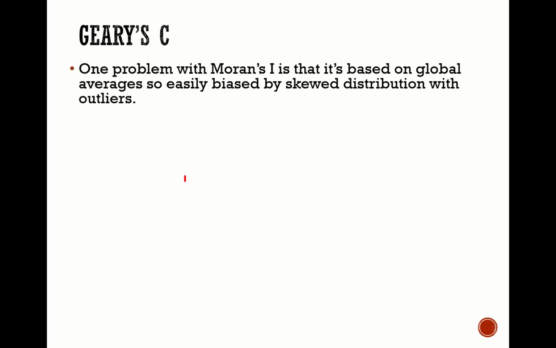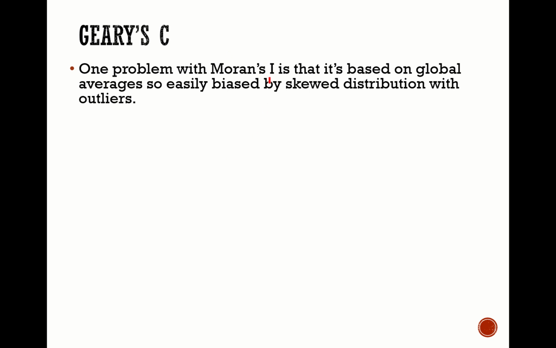Okay, so we'll wrap up and look at a couple more measurements of autocorrelation. One problem with Moran's I is that it's based on global averages, and therefore it's easily biased by outliers. Remember how, way back in our early discussions about stats, the average can be more biased by an outlier compared to the median?